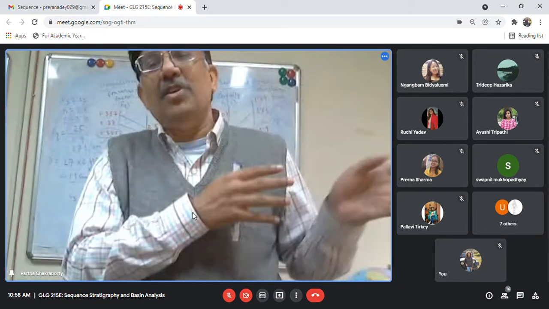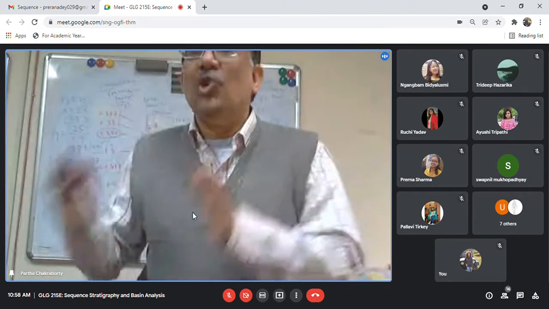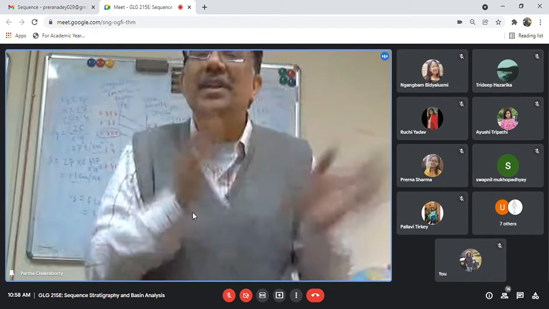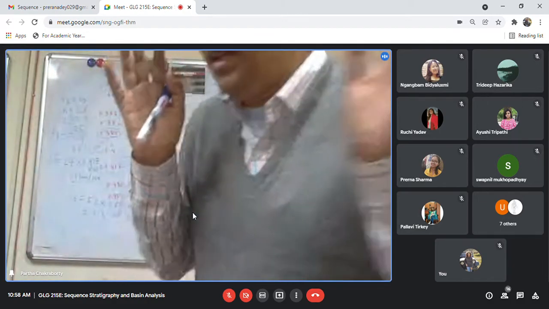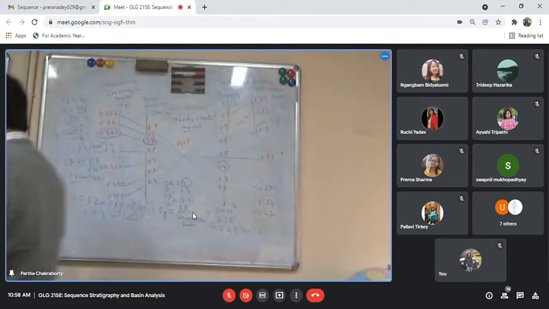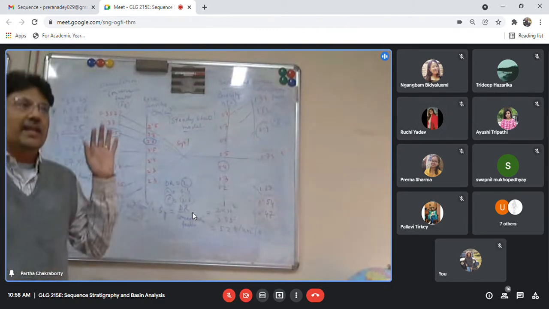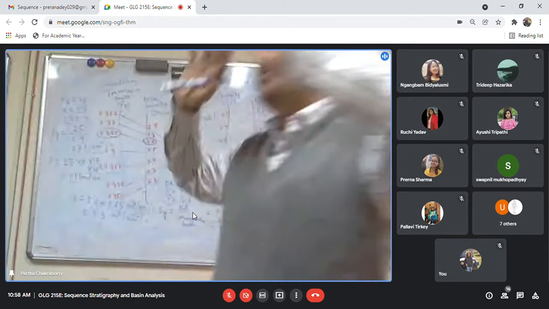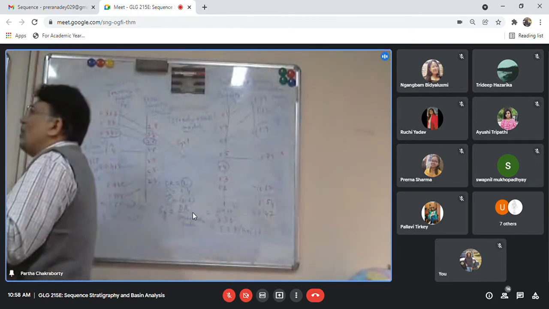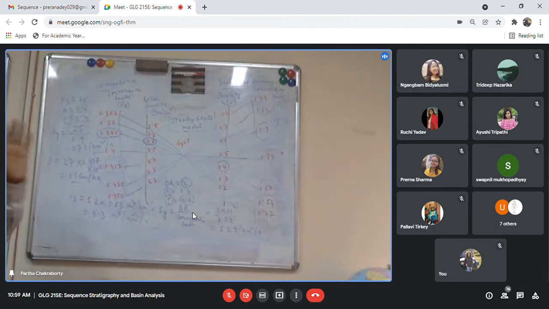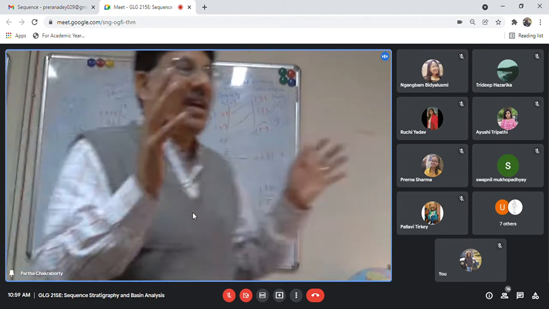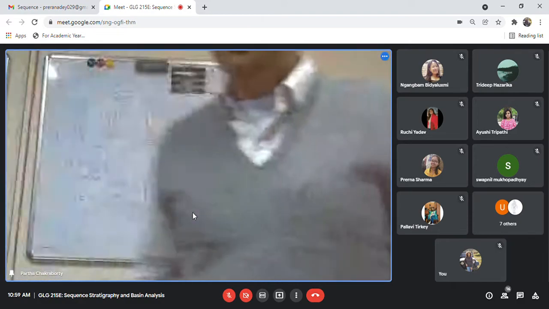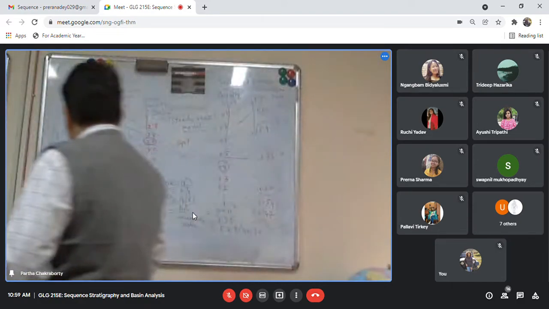Similarly, granite, gneiss, dolerite, basalt, everything can be in your drainage basin, and you are taking a mean density. Am I clear? Yes, sir. It is your experience and your expertise, your geological mapping. You have the idea about the kinds of rocks exposed in the drainage area, and based on that, you are taking a density.